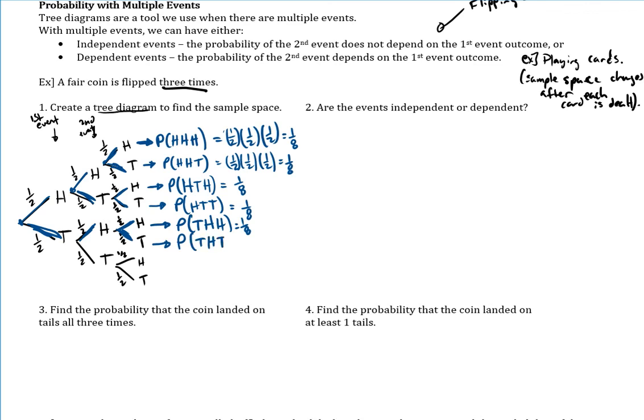So probability of tails, heads, tails is 1/8. And then we've got probability follow the tails branch down, heads branch up. So tails, tails, heads is also 1/8. And then the last one is following the tails all the way down. So it's all 3 tails, 1/8.